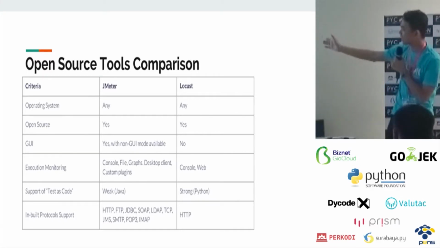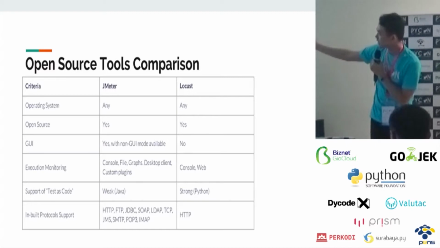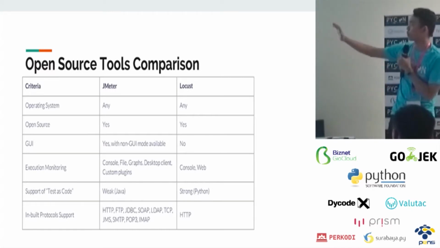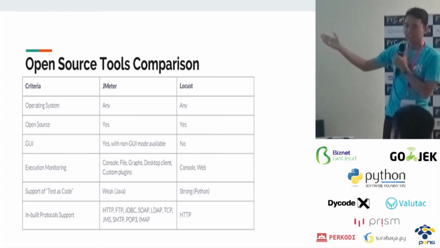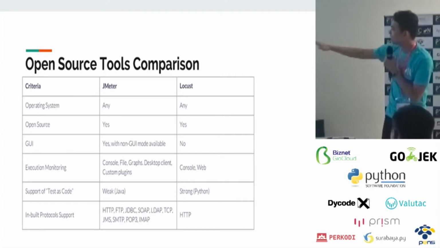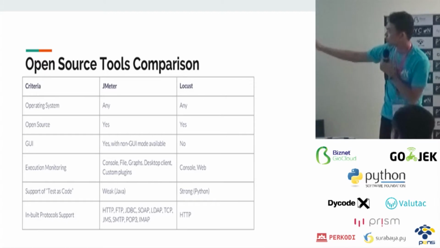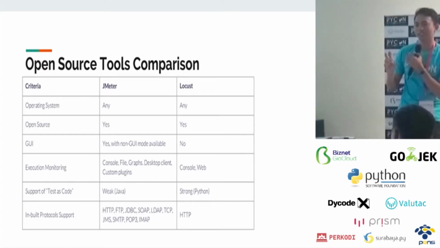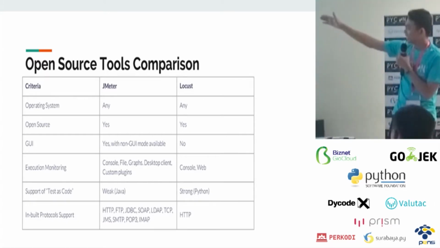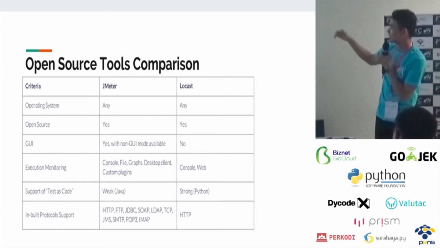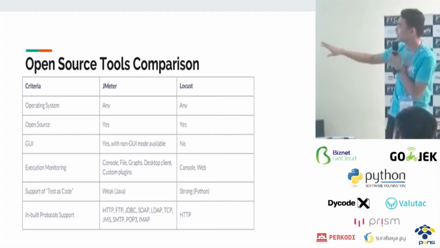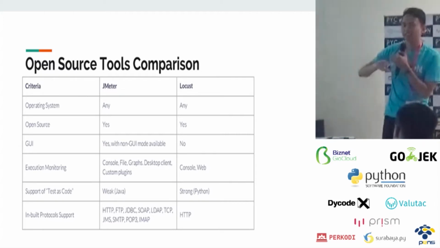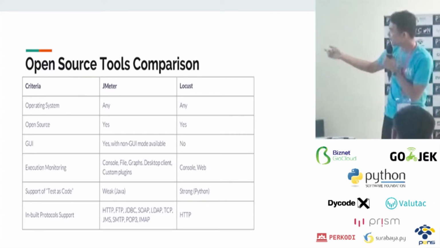It's only command line. And for execution monitoring, for Locust we only have console and web, but JMeter has a GUI, but not a big deal. And for support of test as code, this is where Locust is strong because it supports a full programming language, which is Python. But JMeter uses XML.